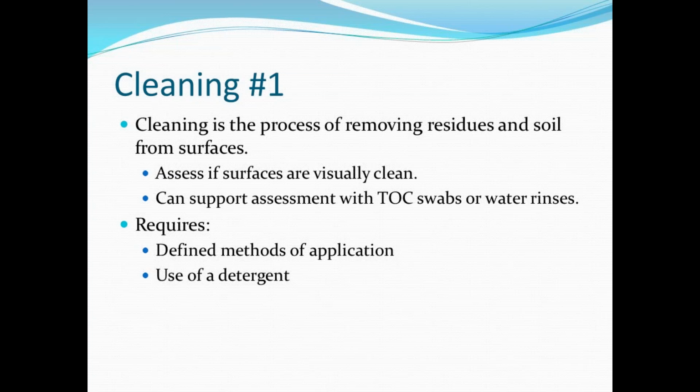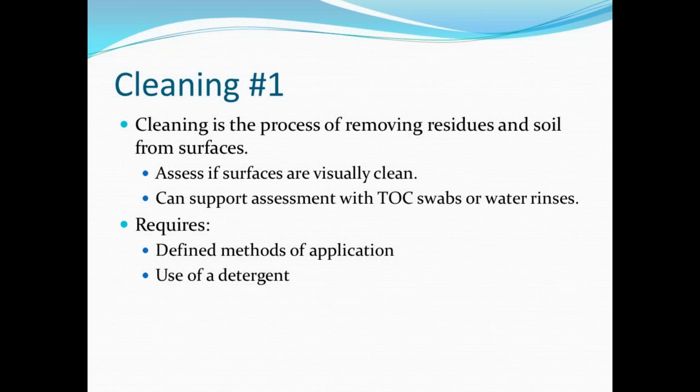Well, cleaning is the process of removing residues and soil, so that's dirt, dust, protein, bits of skin and so on, from surfaces to the extent that they are visually clean. Now, cleanliness can go further, and it can be supported by the use of swabs, such as maybe to detect levels of total organic carbon, or water rinses.